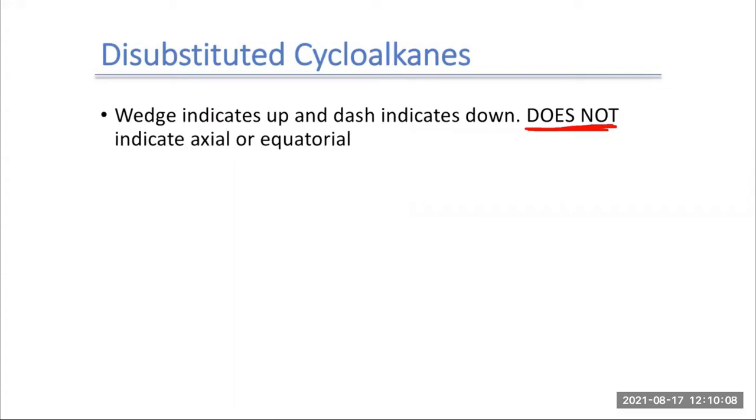So let's look at an example of this. Let's say I give you the disubstituted ring, 1-chloro-2-methylcyclohexane. So now here, I've given you some stereochemistry.